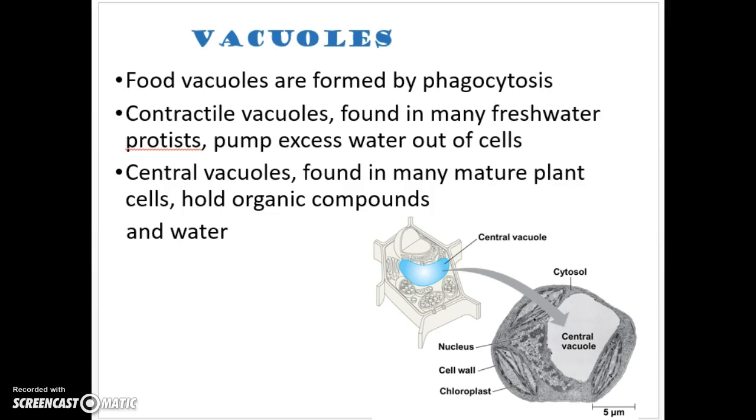Water enters a vacuole by osmosis because the vacuole has a semi-permeable membrane called a tonoplast. When water enters the vacuole, it actually puts pressure on the tonoplast. The tonoplast is not like the cell membrane. It's not as fluid.